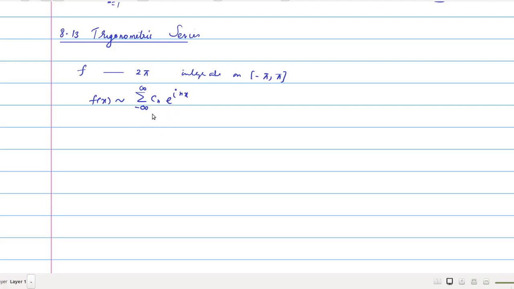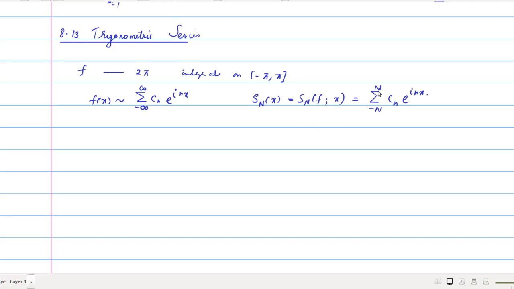The sequence of partial sums of this Fourier series is denoted as Sn of x, or Sn f of x. These are two notations to denote the sequence of partial sums of this Fourier series, which is nothing but summation from minus n to n of cn e power i n x.